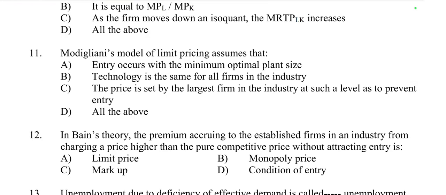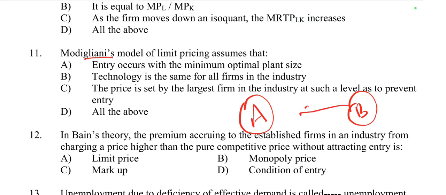So the basic concept of Modigliani's limit pricing theory is that it aims to explain how existing firms may set prices to prevent new competitors. Suppose A is the existing firm and the new firm is B. The existing firm may set prices to prevent new competitors from entering the market.